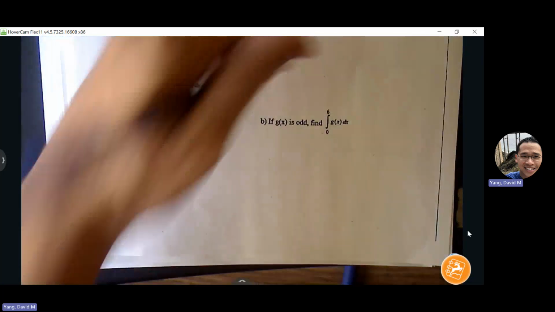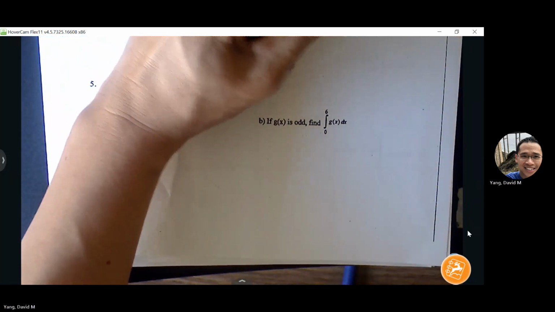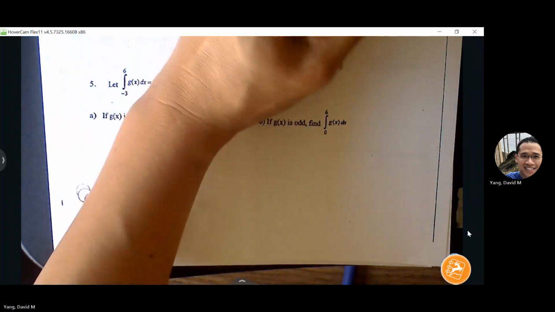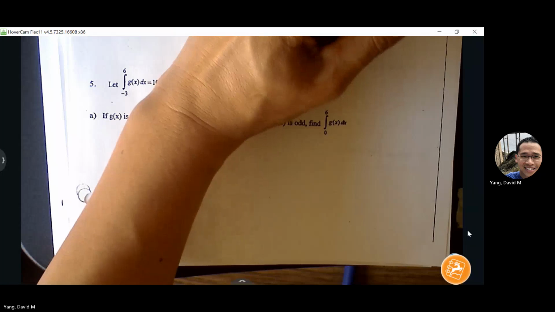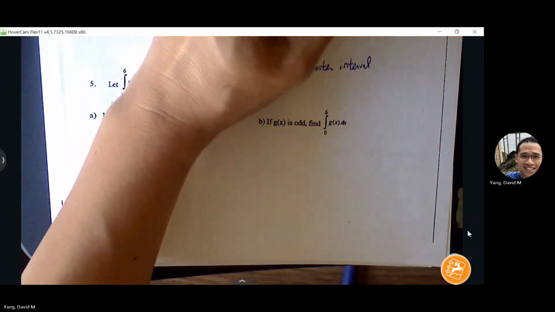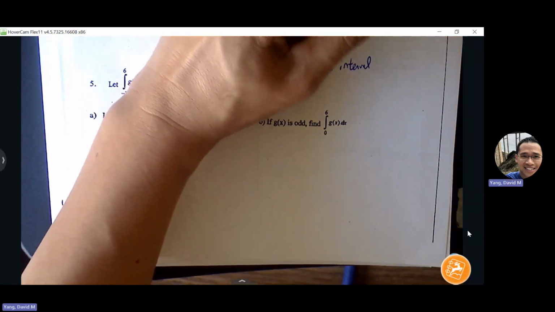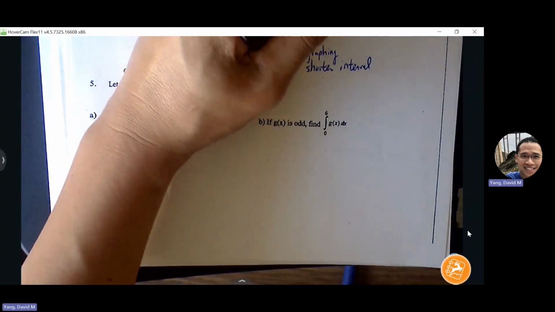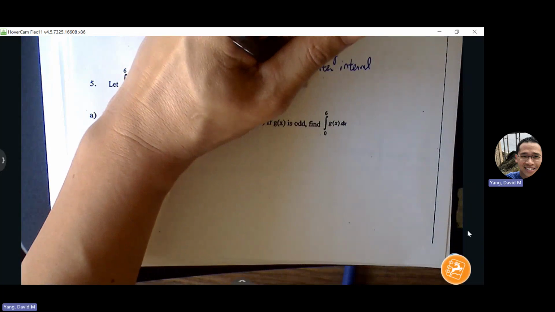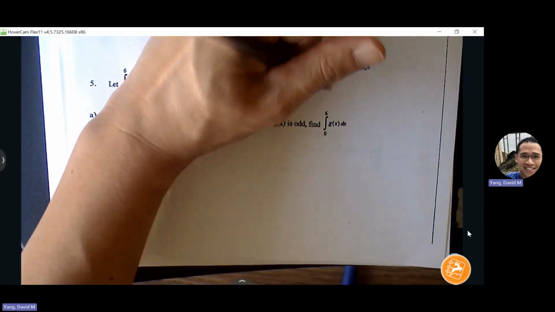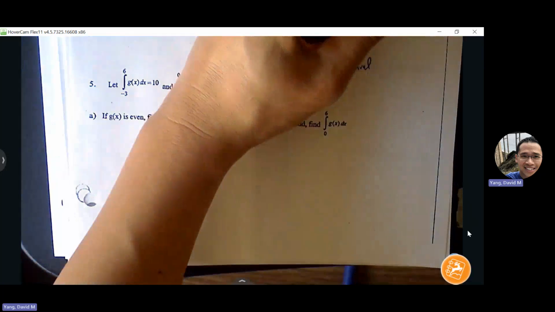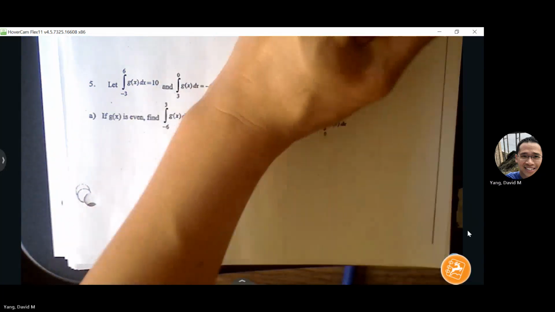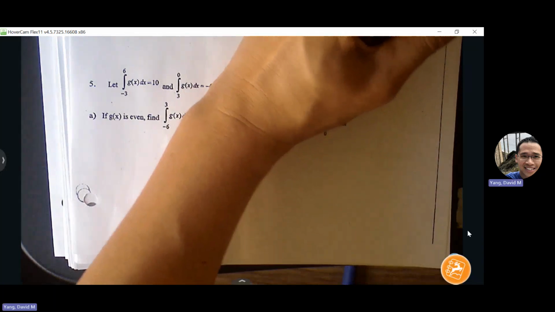First, you're going to start with your shorter interval. Start with graphing your shorter interval. And then you're going to use the even and odd relationship for the other side.